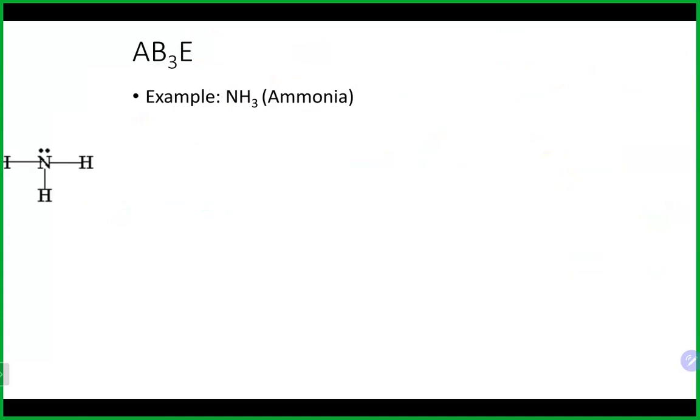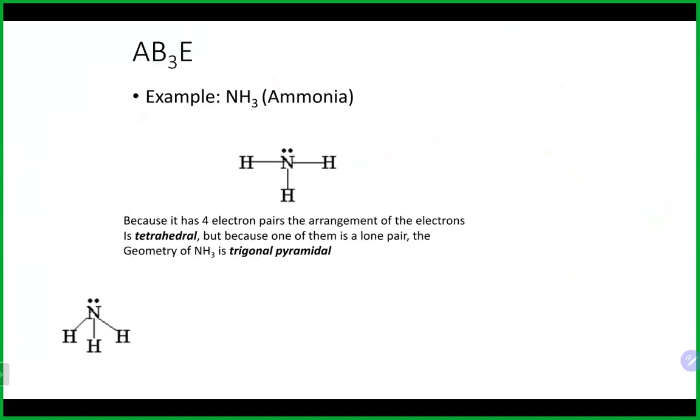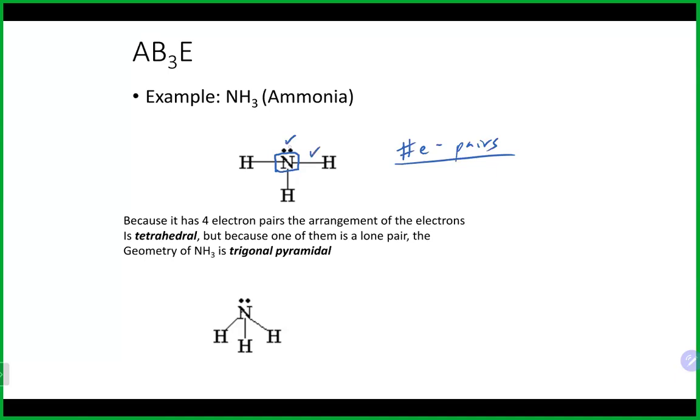All right, so continuing on here, the next example is something like we see here in ammonia. Again, we're going to focus on the central atom and our number of electron pairs. Once again, 1, 2, 3, and 4 electron pairs. So remember, the electron pair geometry name does not change.